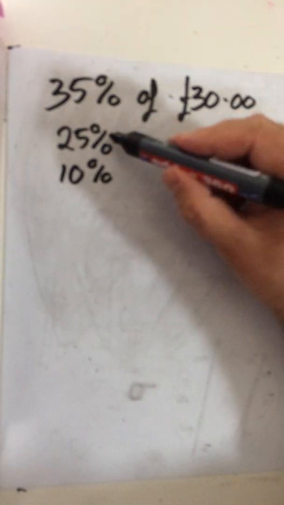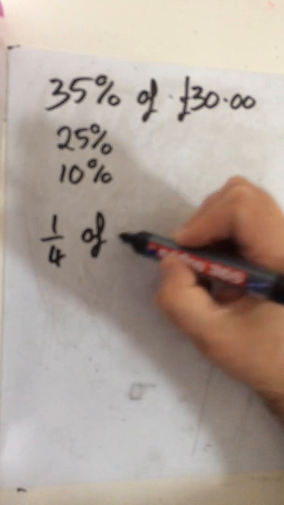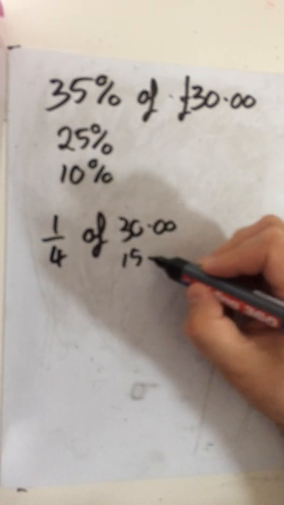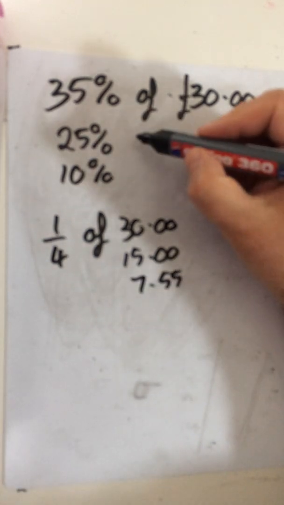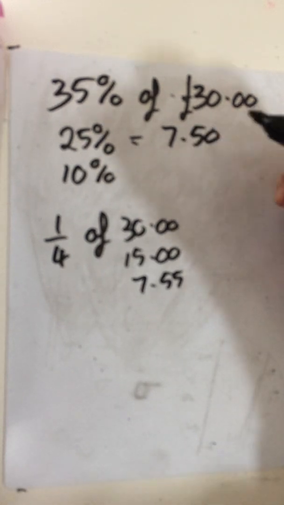So first of all, I find 25% of 30. I know 25% is a quarter, so I'm going to find a quarter of £30. Halve it, £15, halve it again, £7.50. So I know 25% is going to be £7.50.